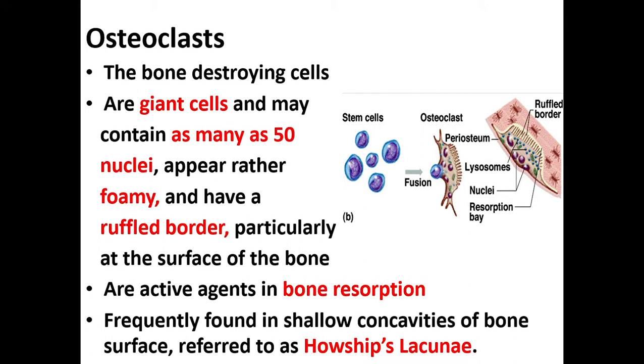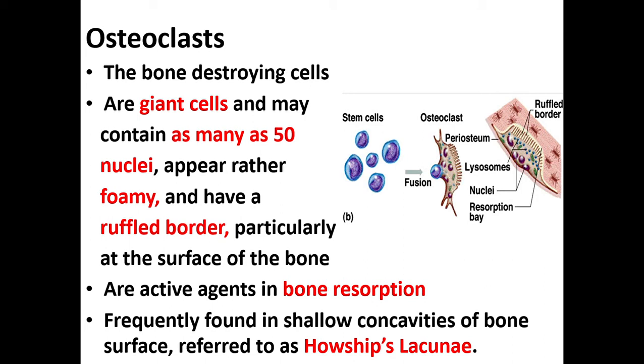From the osteoprogenitor cells, the different osteogenic cells will form and unite, and they will become a giant cell we call osteoclasts. The osteoclasts are the bone-destroying cells of the body, described as giant cells that may contain as many as 50 nuclei.